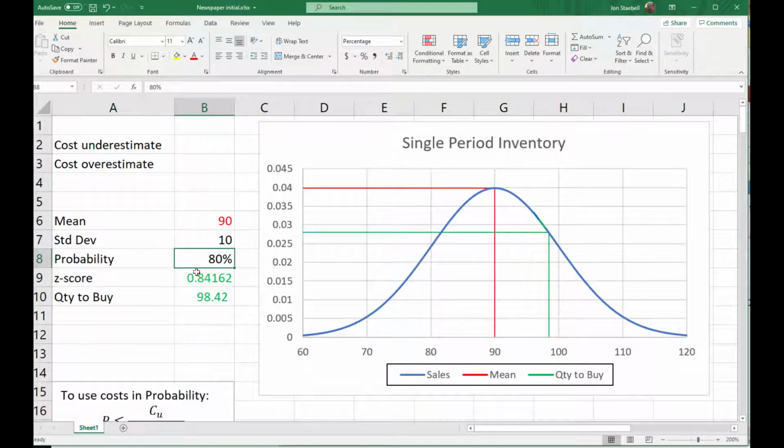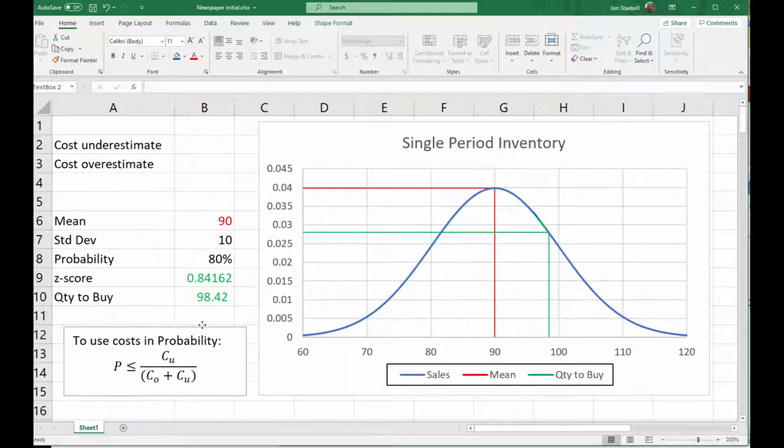What's the right percentage? Well, what we'll talk about in class is we want to take into account the costs of underestimating and overestimating sales. So in this case, if we underestimate sales, let's say we estimate sales are going to be 90 and 91 people want to buy a newspaper that day, we've underestimated sales by 1.